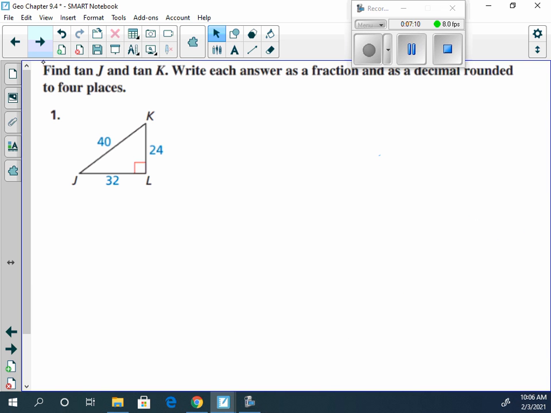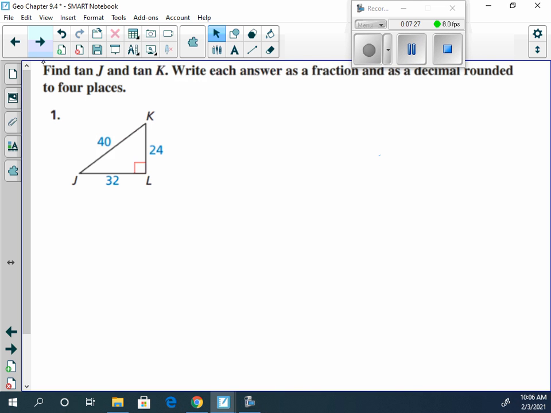Now, it's not saying that sine, cosine, and tangent do not work if they're not right triangles, because law of sines and law of cosines work if it is not a right triangle. They work if it is a right triangle. They work in every case.